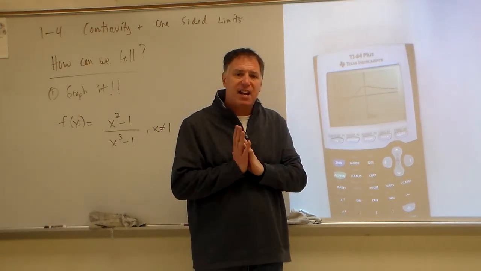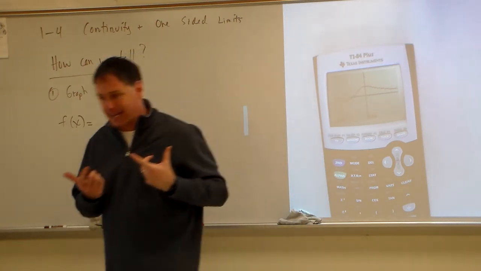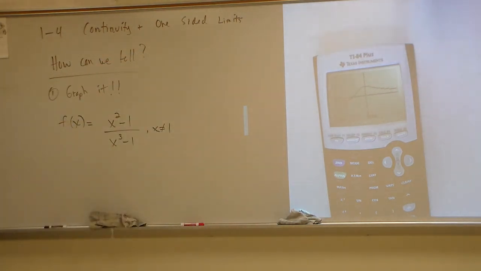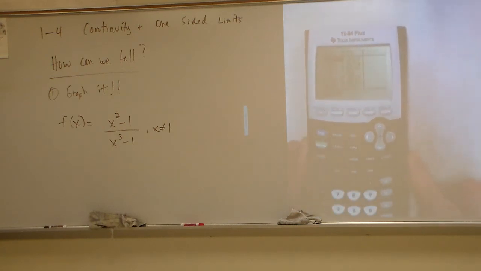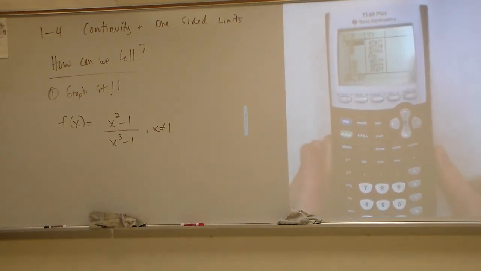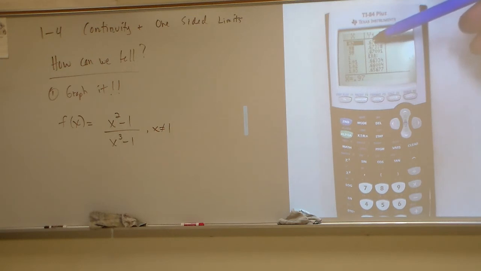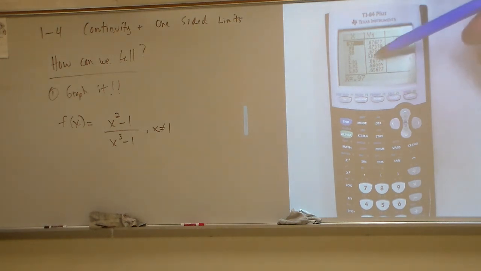So let's investigate what's happening as we get close to 1 again. I think my table is still in there, so I'm going to go to my table and look at what happens here. I'm trying to fight the shadows here. If you can see this, from 0.97 it goes 0.6767, 0.673, 0.67001, and then on the other side of 1, 0.66334, 0.66.